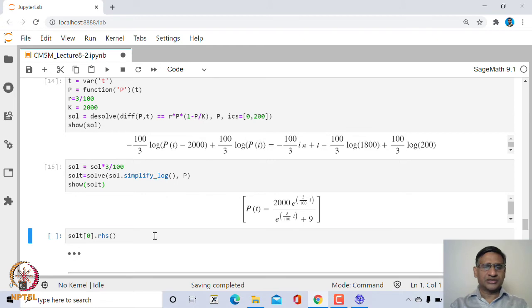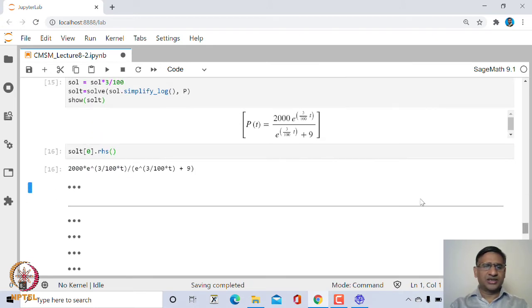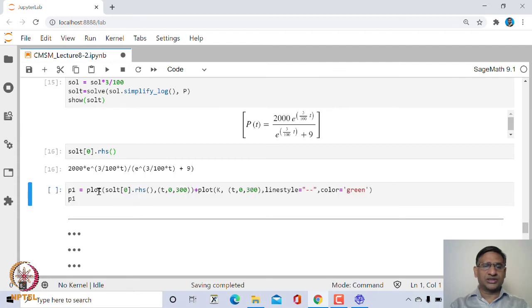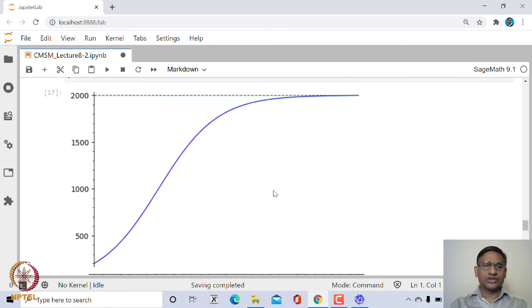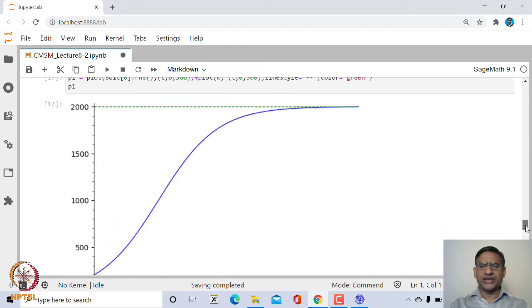Now, let us look at the right hand side of this. This is the right hand side. You can even plot the graph of the population. When you plot the graph of this population model, this is how it looks. It is an S shape curve, and this is the carrying capacity. You can see here that over a period of time the population will be very close to the carrying capacity.